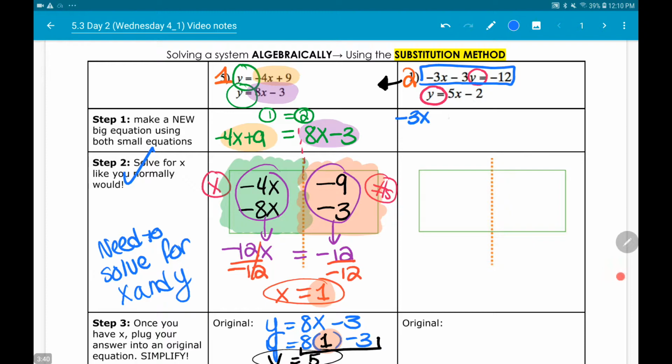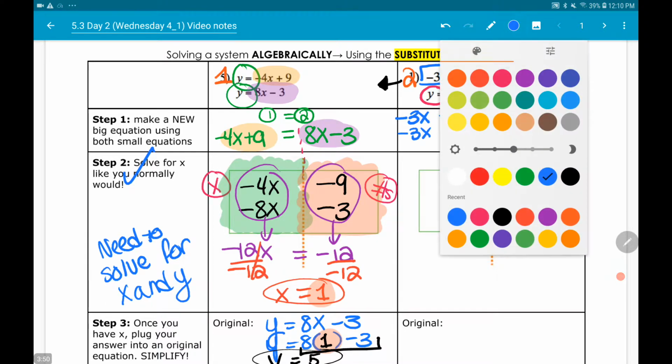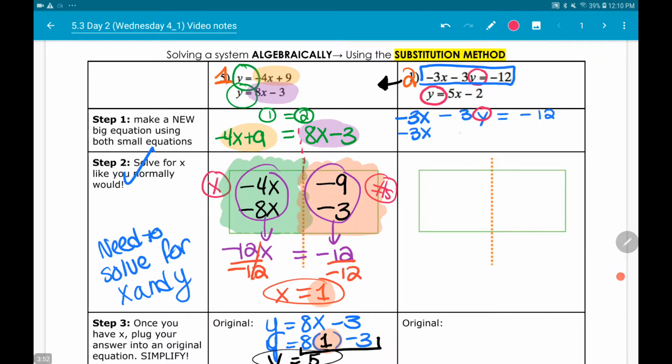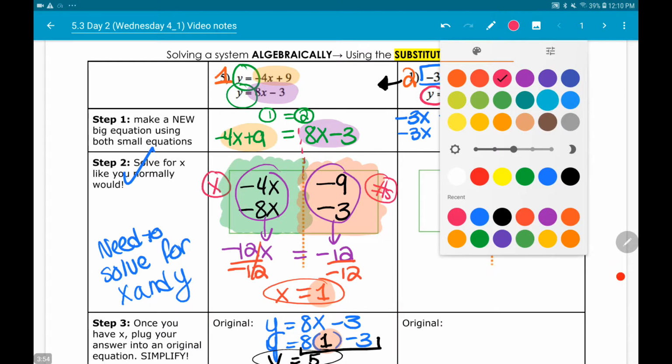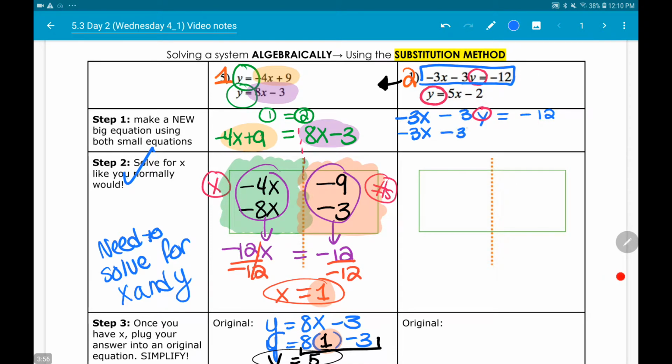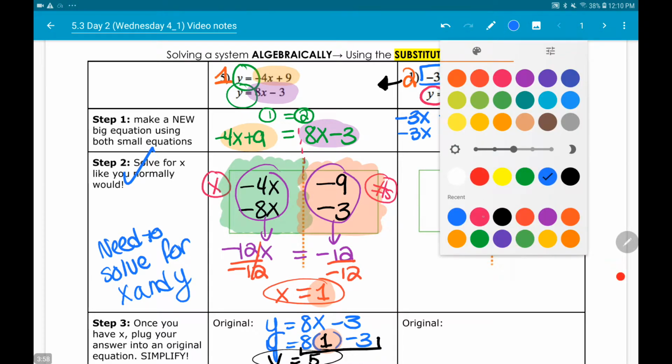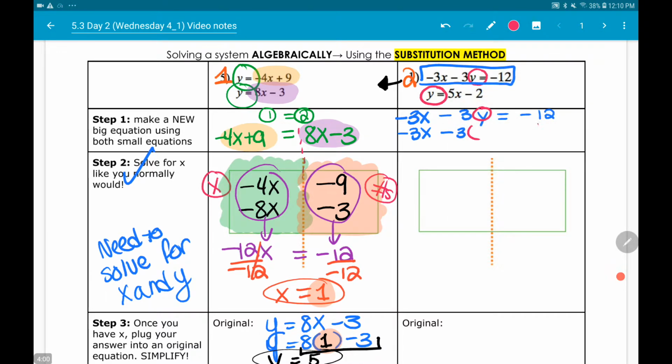And I'm going to write it exactly how I see it. Now, see where that y was? I'm going to write everything the same, except where that y was, I'm going to put a big set of parentheses.